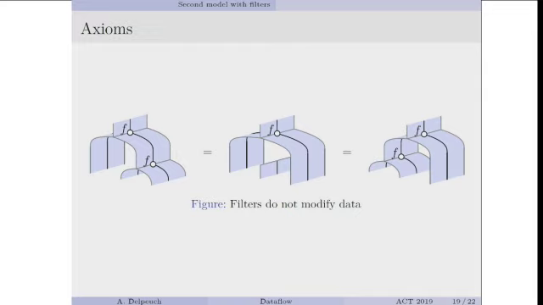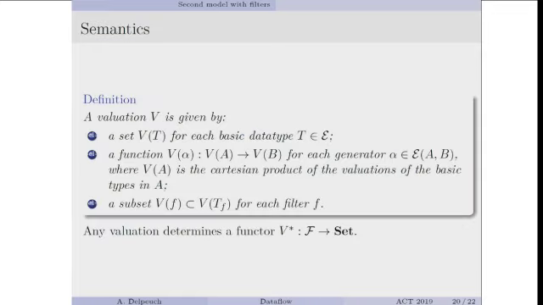And with these axioms, you can actually derive a lot of things already. I can give semantics to this model simply by giving set-valued interpretations for all the generators. You get a set for each basic data type.